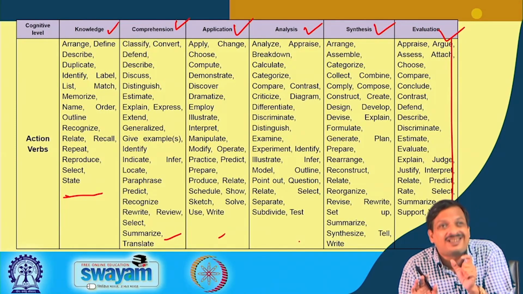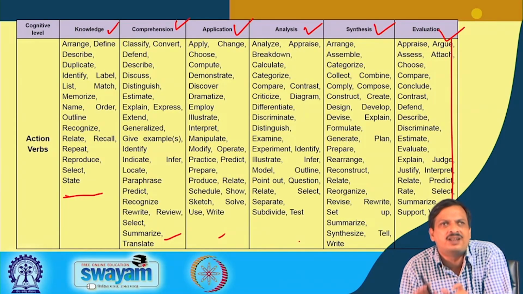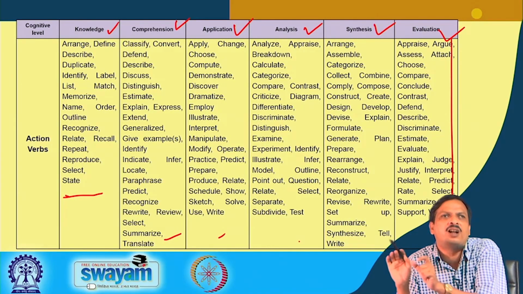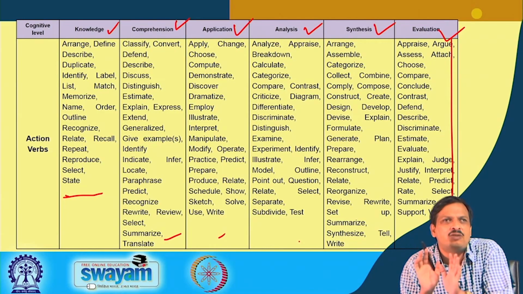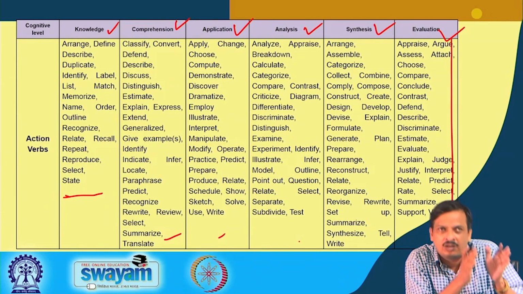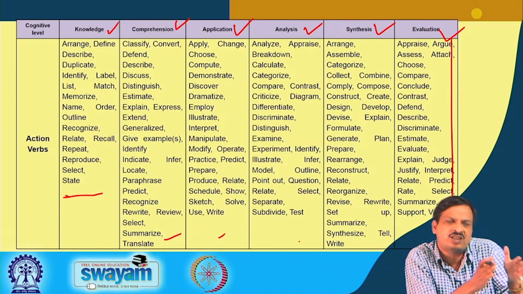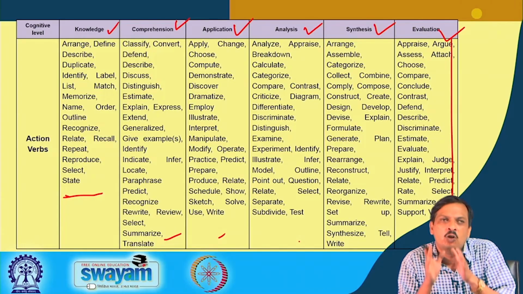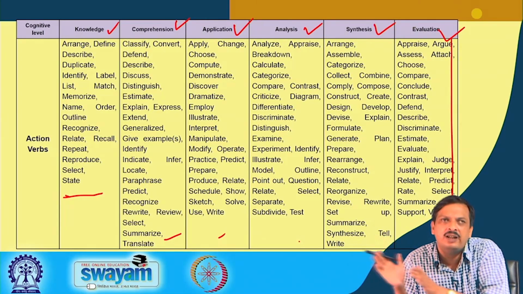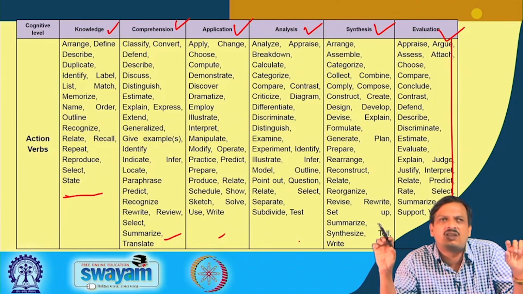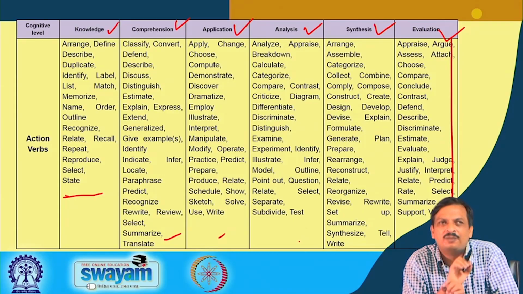Only on the basis of action verbs I cannot 100% identify the cognitive level of the outcome, unless I know the condition component and criteria component. Once you specify the condition component and criteria component, although the action verb belongs to multiple cognitive levels, reading that outcome you should be able to find out which cognitive level it is.